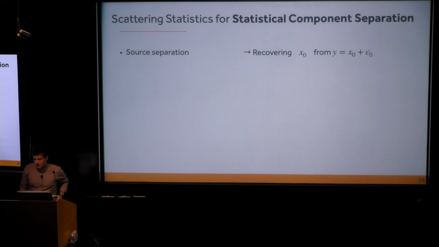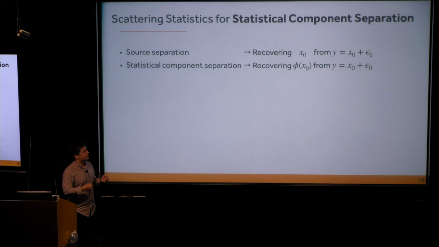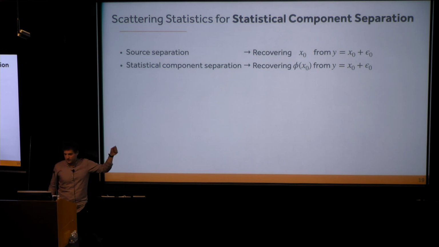But in many situations in astrophysics and cosmology, you don't really want x naught. You want some property related to x naught, phi of x naught, which can be a set of statistical descriptors, for example.